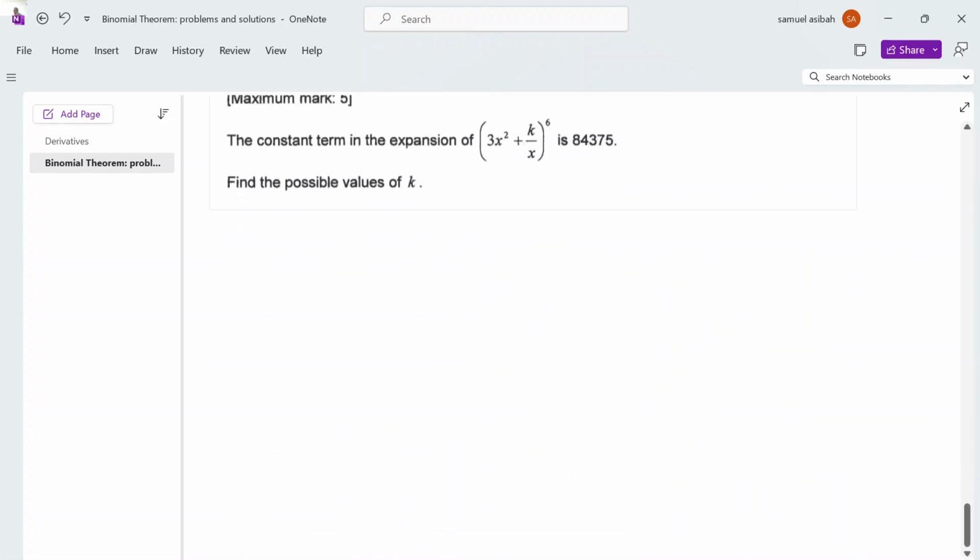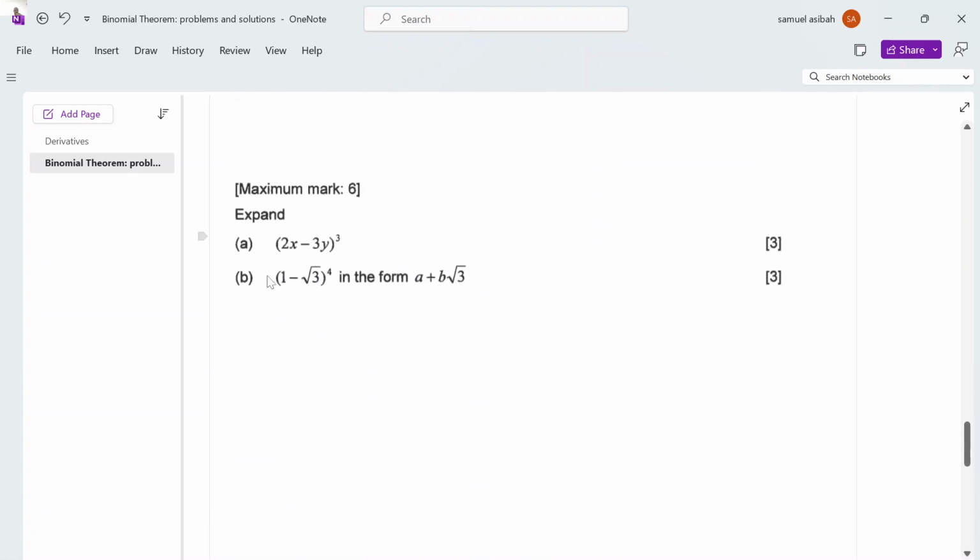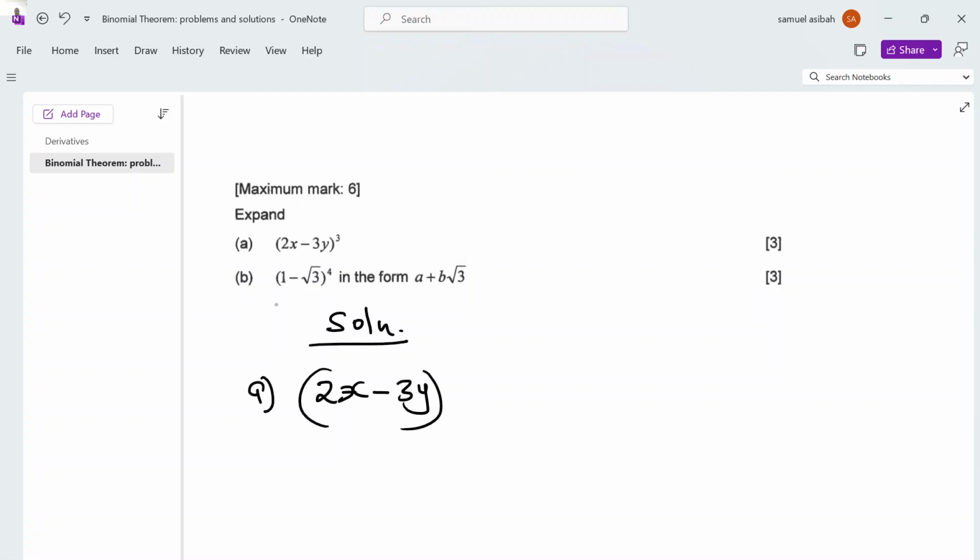Okay, let's see. How do we handle this particular question here? Look at the expansion here. This one looks a bit easier also for us from the experience. Now you just take the normal expansion, which is in part A, which is 2x minus 3y, then we are just expanding to 3.